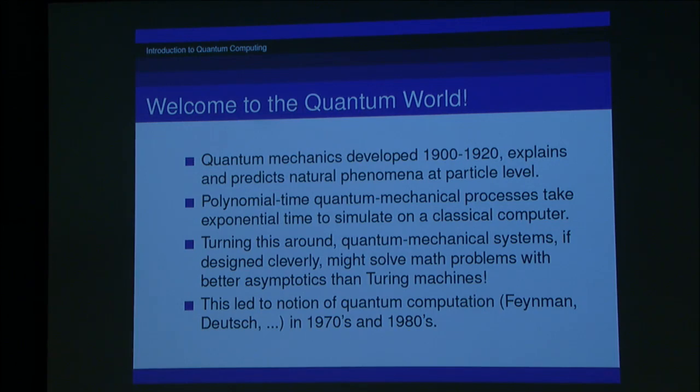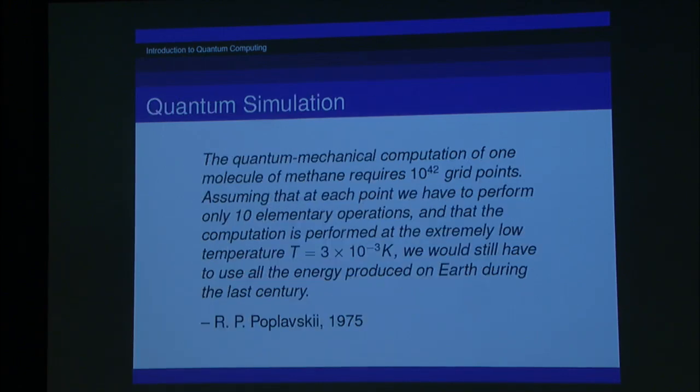Well, turning this around, maybe quantum mechanical systems, if cleverly designed, could solve math problems with better asymptotics than a normal Turing machine computer? So this led to the notion of quantum computation, started by Feynman and Deutsch in the 1970s and 1980s.